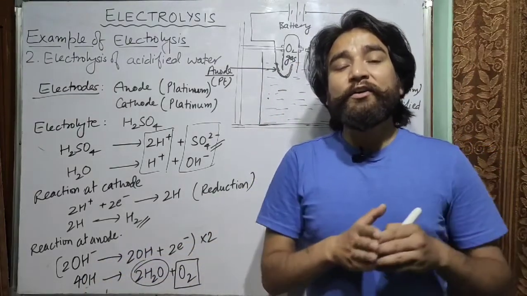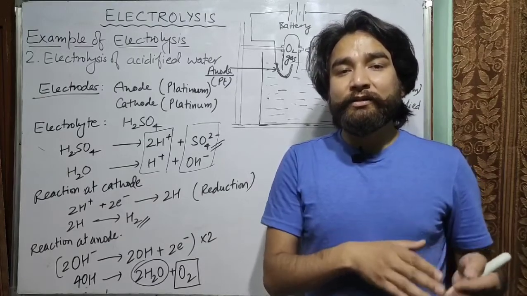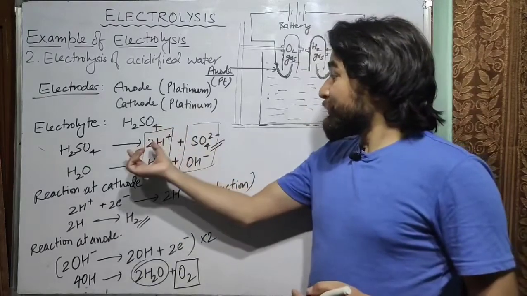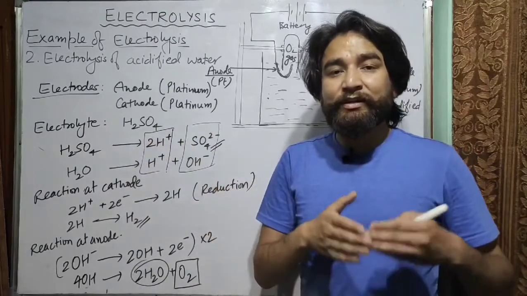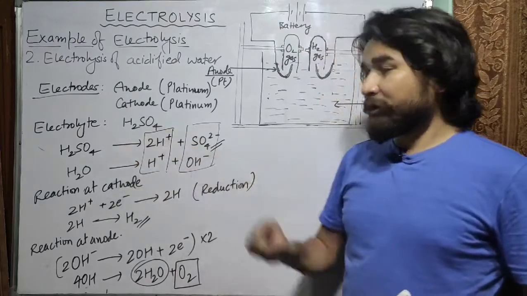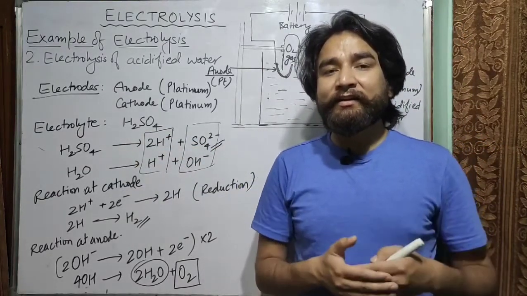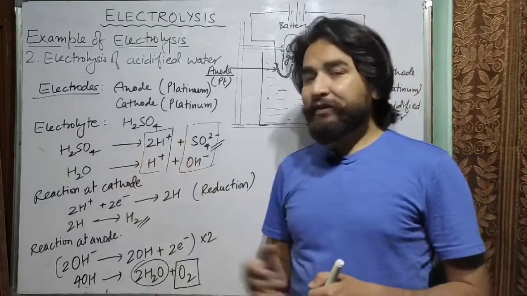So in the overall reaction, the electrolysis of water is taking place, or you can say that sulfuric acid is being used as a catalyst here. So remember, a question may be asked: how does sulfuric acid act as a catalyst in the electrolysis of acidified water?